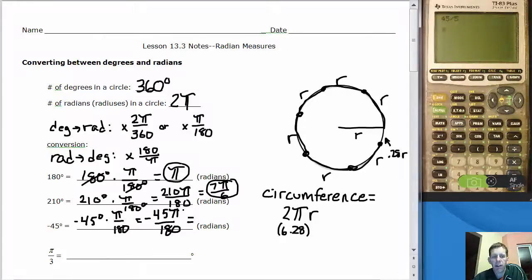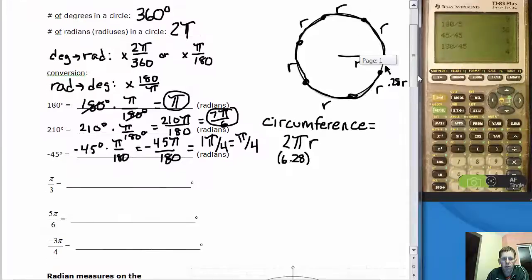If you did that, 45 divided by 5 is 9, and 180 divided by 5 is 36. 9 over 36 is the same as the fraction 1 over 4. You could have also gotten that by dividing the top and bottom by 45. 45 divided by 45 is 1, and 180 divided by 45 is 4. So it's negative 1 pi over 4. Or if you just want to write it as negative pi over 4, that's probably a better answer.